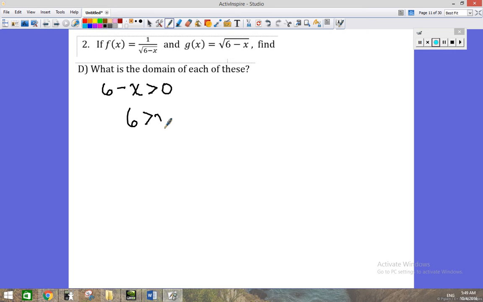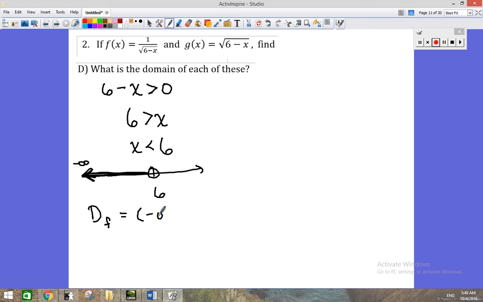So 6 greater than x. I like to write the variable on the left so that when I'm making my number line, the arrow points in the direction that I'll shade my values. So the domain for f, since my arrow is shaded, is negative infinity, and you never have a bracket around negative infinity.